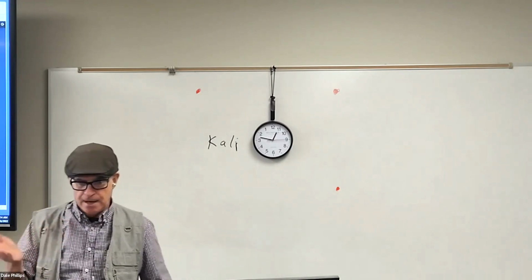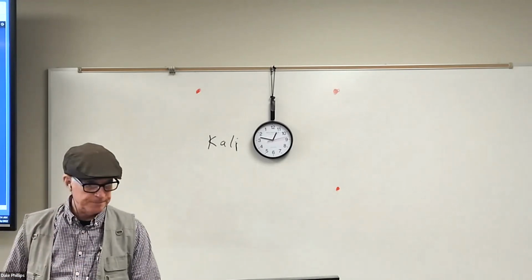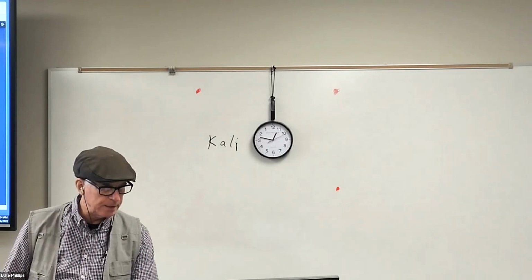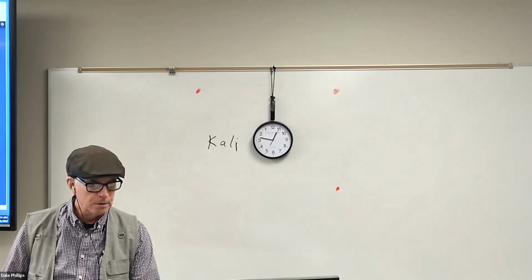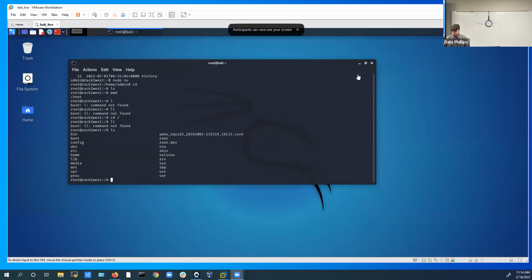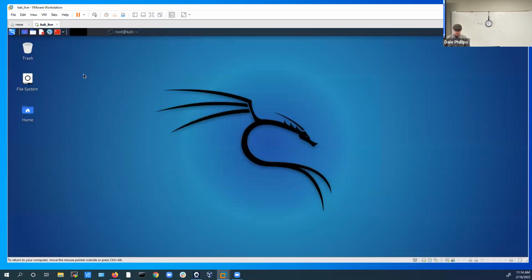Now I'm going to do a screen share and show you what Kali Linux looks like. What I did this morning is I created a new virtual machine running Kali Linux. I'm going to minimize this screen because that's something for later.